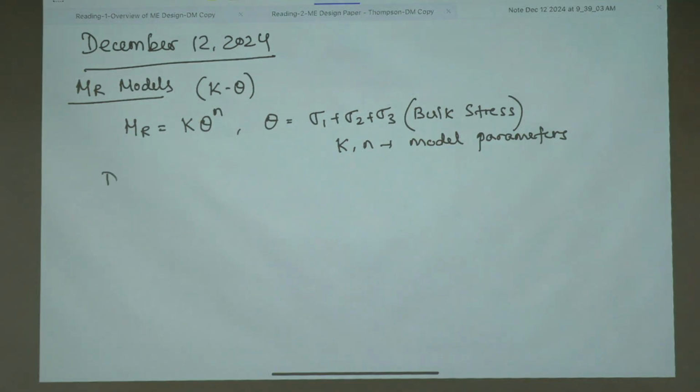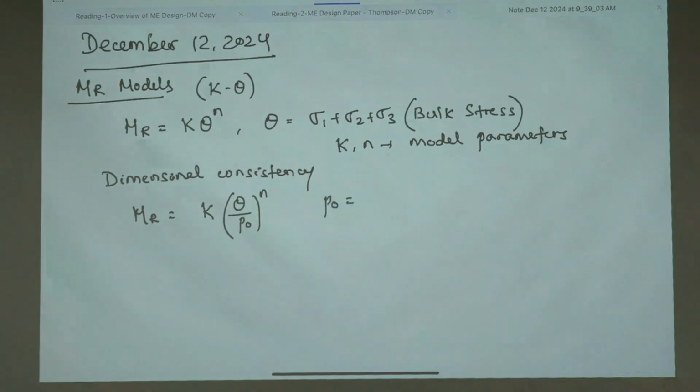And for dimensional consistency, we write MR is equal to K times theta over P0 raised to the power n, where P0 is equal to 1 kPa or 1 psi, anything. It's basically unit pressure. You are just trying to make it dimensionally consistent, right?